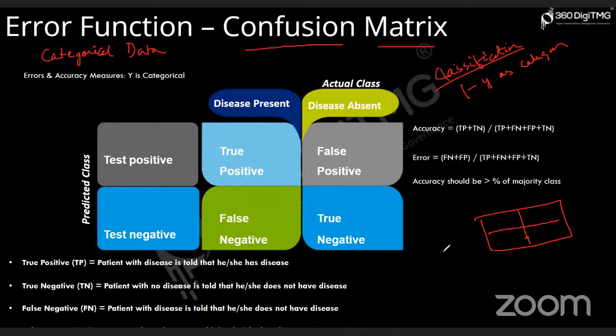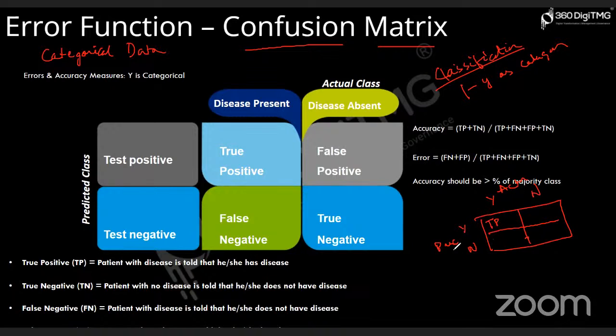So here we have a predicted class and an actual class. The predicted class will have yes, no answers, since classification has categories. The actual class will also be yes, no. Here we try to find out whether our predicted is yes or no. If our predicted is yes and the actual value is also yes, we call this true positive.